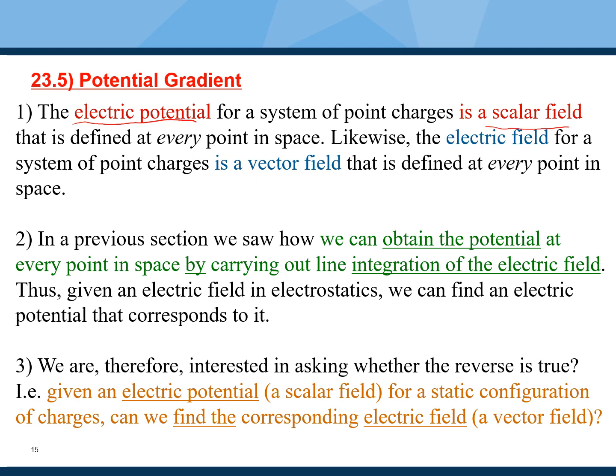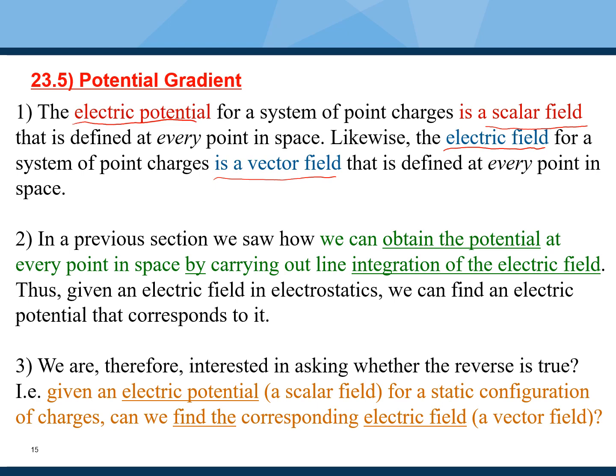In other words, it's a scalar field. At each location, there's just a number associated with that electric potential. On the other hand, the electric field associated with that configuration of charges is a vector field. In other words, at each location, you have an electric field vector.